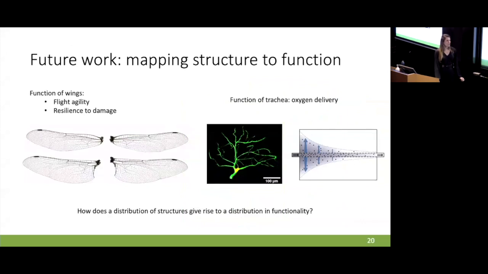So future work of these projects is to map structure to function. The function of the wing is, of course, to fly, and the role that the secondary veins play in this function is, well, if there are too many of them, then the wing is going to be heavy and mess with the agility, so you need to be light to be able to fly.